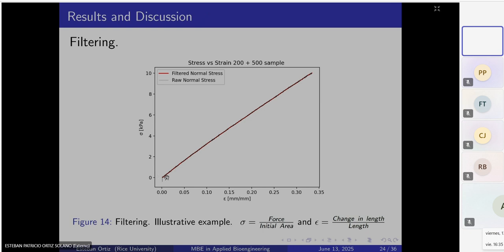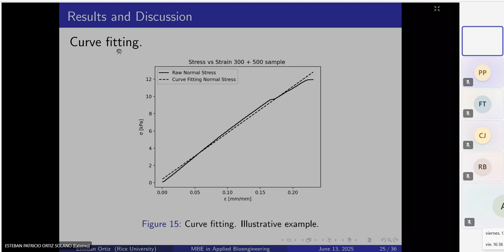So as you see, when you apply more stress, more force to the hydrogel, it is increasing its length. It was really easy to see that the relationship was a linear relationship. As well, we did a calibration process of the machine, so I got almost no noise in my signal.